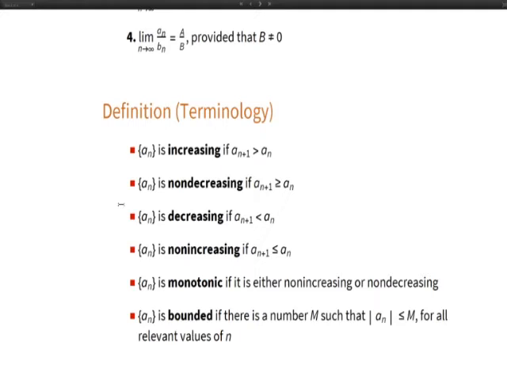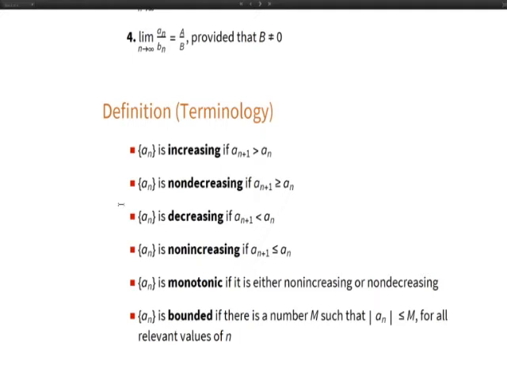Right? And then likewise, along with the increasing terms, we have decreasing and non-increasing. So a decreasing sequence is one where every term of the sequence must get smaller. It has to get smaller no matter what. So everything must always be smaller than the previous term. And non-increasing works basically the same way as non-decreasing.